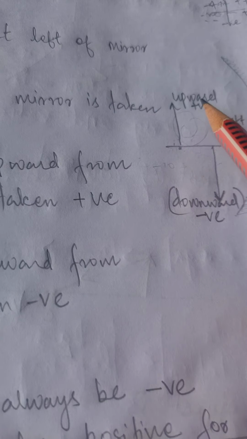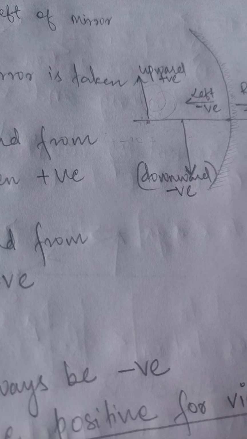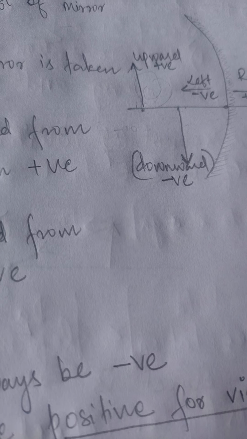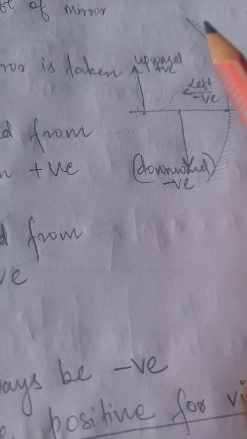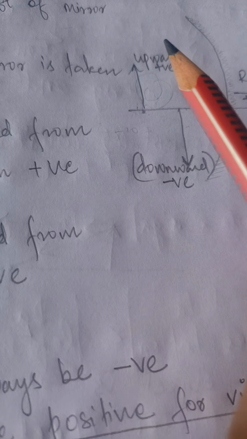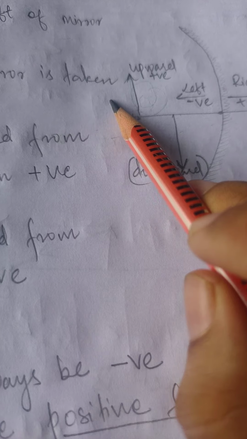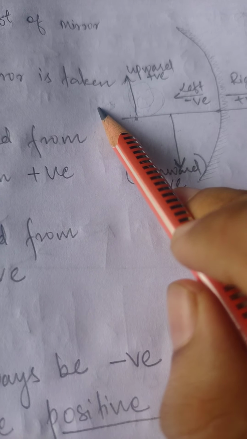Now, anything which is erect: when the image height is erect, you will write that height with a positive sign. If my image height is 5 centimeter, I will write it with a positive sign.